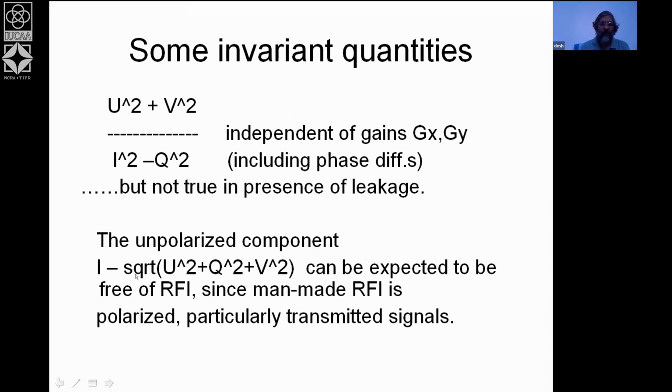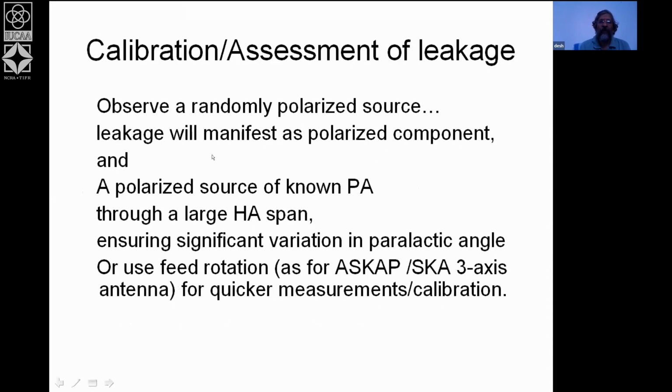On another front, you can use quantities like the unpolarized component, which might be free of RFI, the RFI that you heard about yesterday, because most of the man-made RFI is highly polarized and can be removed if your source happens to be largely randomly polarized. I won't go into details of this, but it's useful to observe a randomly polarized source to study the effect of leakage, because ideally it should not show any polarization.